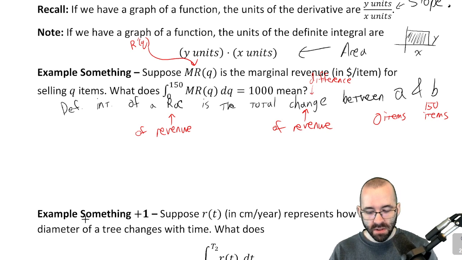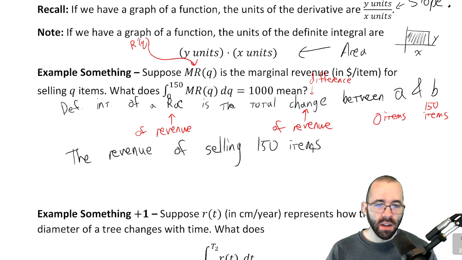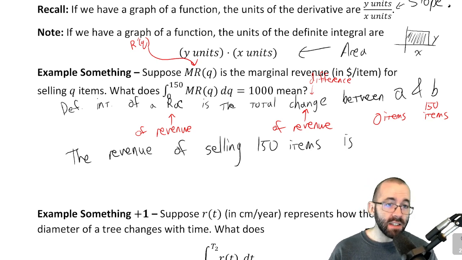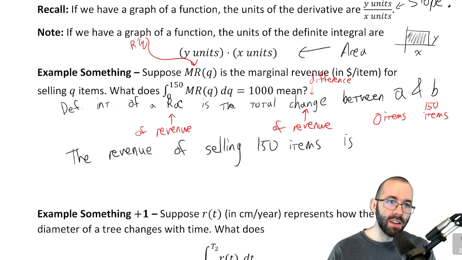In other words, the revenue selling 150 items, and again, technically it's the change in revenue between selling 0 items and selling 150 items.